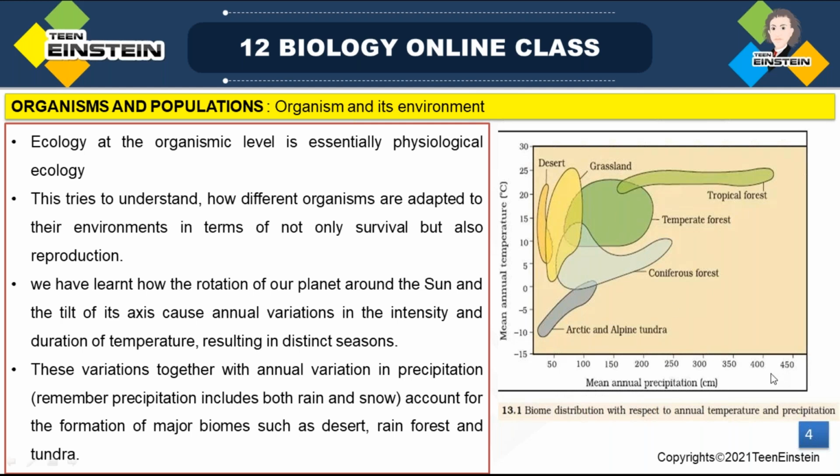So here you can see, in coniferous forest, from this mark, just come down. Where it is reaching, this is the annual precipitation range, right? So if they are marking this portion, just come straight from there and find out. It's around 200 centimeters.